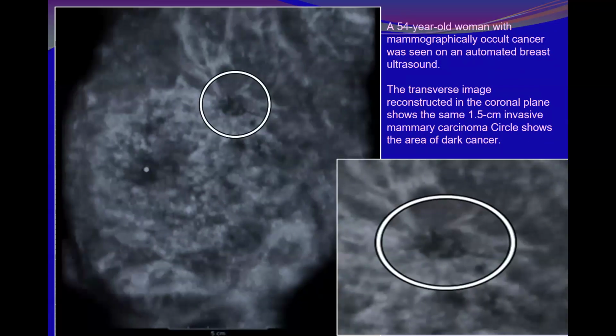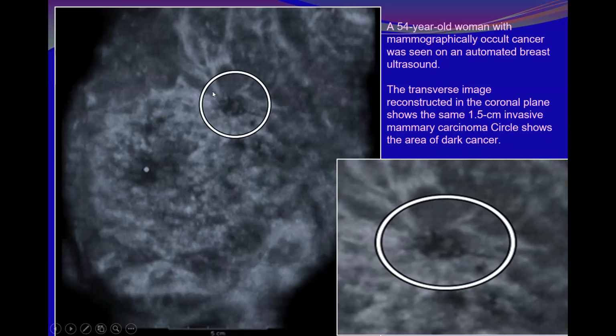This is a 3D ultrasound, and here we can see a 1.5 centimeter invasive carcinoma, the circled annotation here. If you look carefully, you can see thin, very thin hypoechoic lines radiating from this. Here in the zoomed image, you might see it.